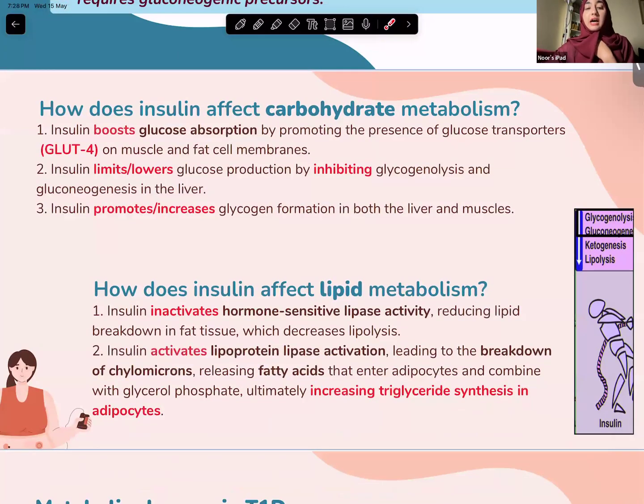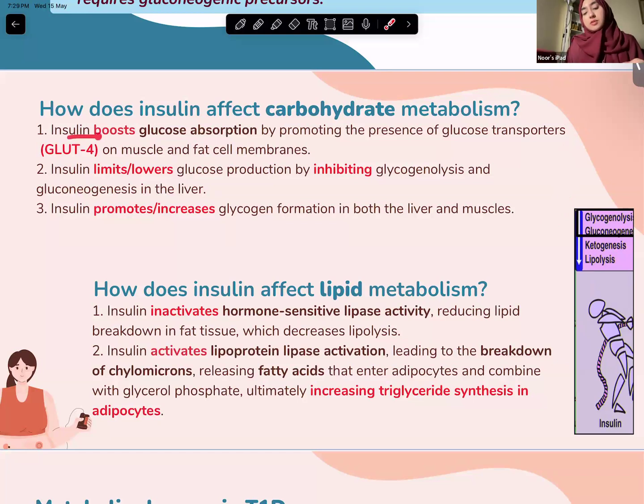Okay. Now, how does insulin affect carbohydrate metabolism? Now, let's say that it's a normal person. Okay, now he's having enough insulin being produced in the body. So it's just simple, like if you guys memorize it, I think it's the best option. And it's self-explanatory.